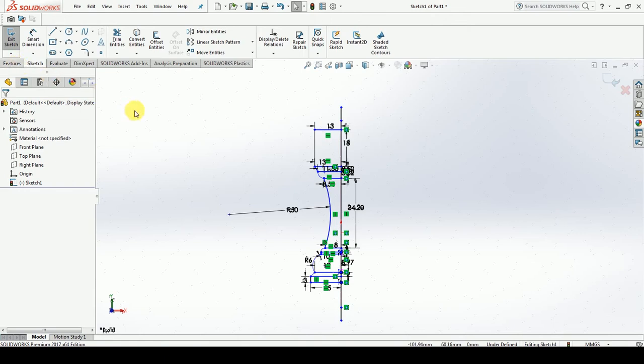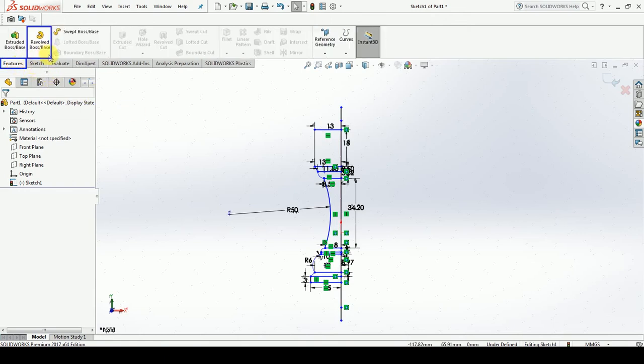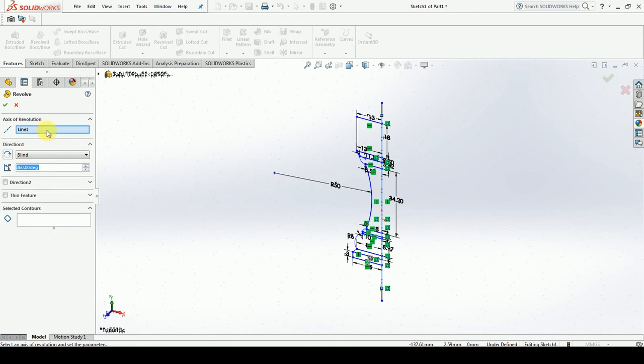That's why we have to select Features and then select Revolve Boss/Base, and select this vertical line as the axis of revolution, so that this object will revolve about this line.